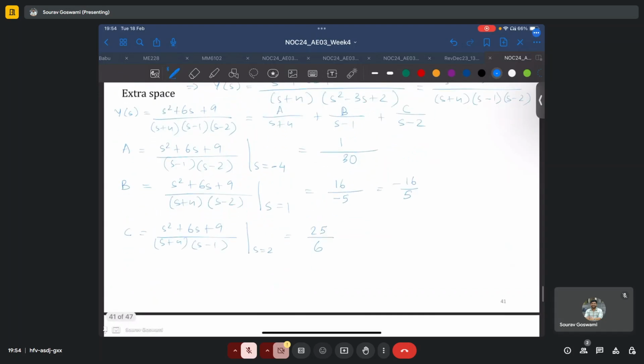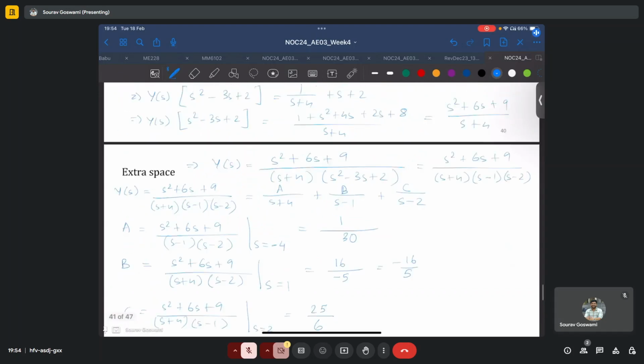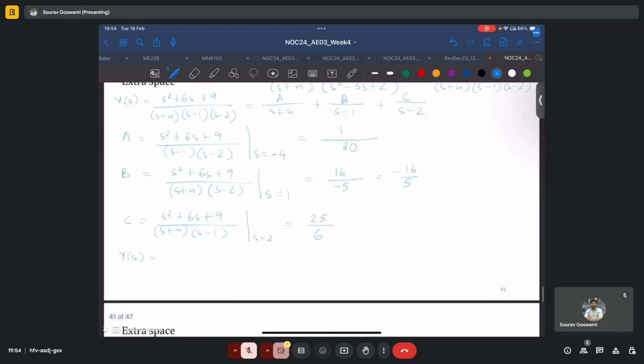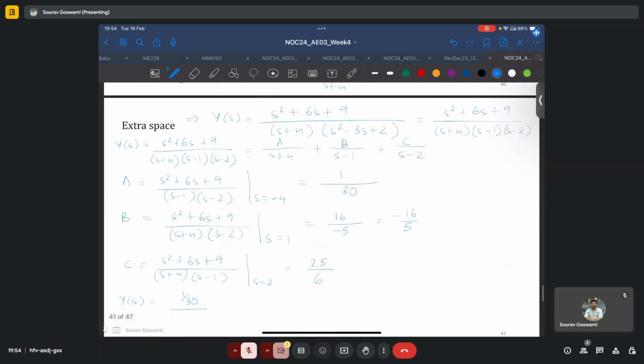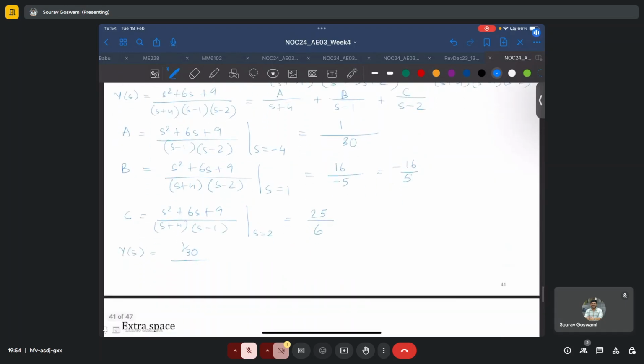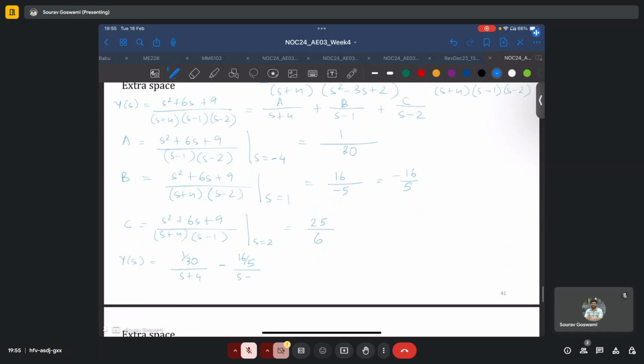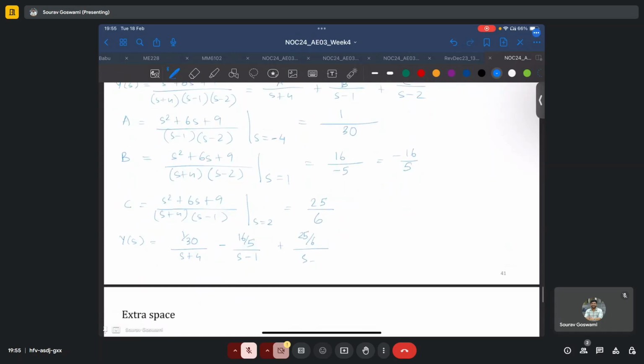And so we obtain Y of s is equal to 1 by 30 by s plus 4 minus 16 by 5 by s minus 1 plus 25 by 6 by s minus 2.